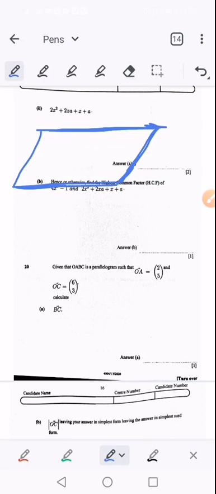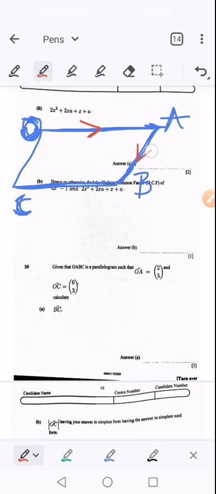Let us call this point O, then A, B, and C. From O you go in this direction to A, and from A to B. Then from O you go in this direction to C, and from C to B. So OA is this one, and OA is vector 25.